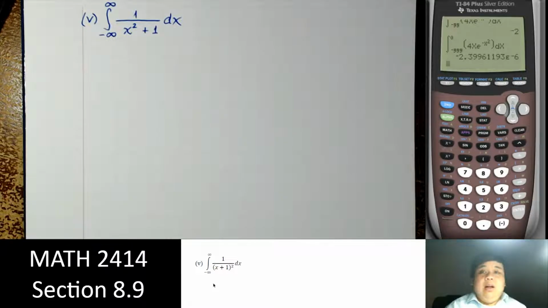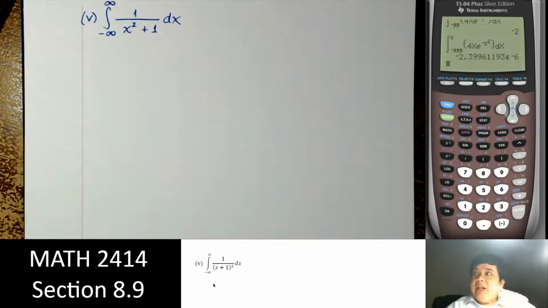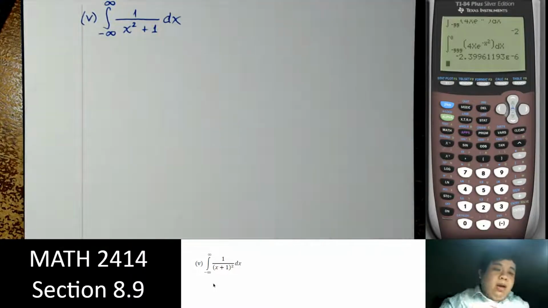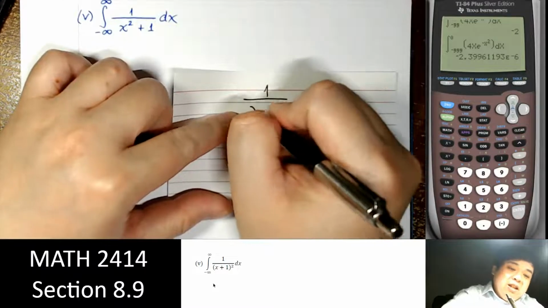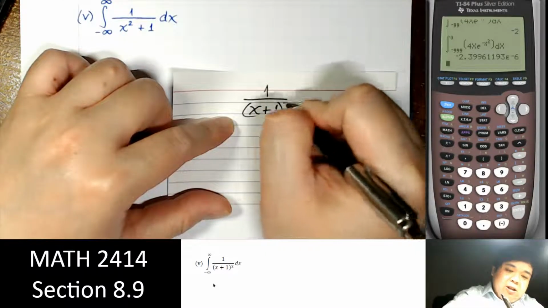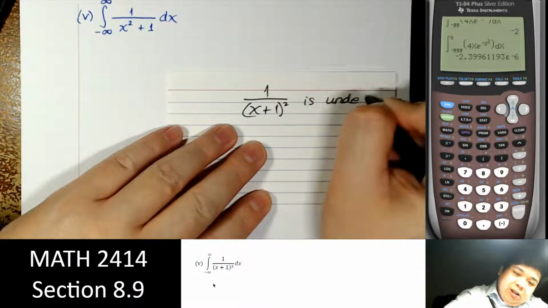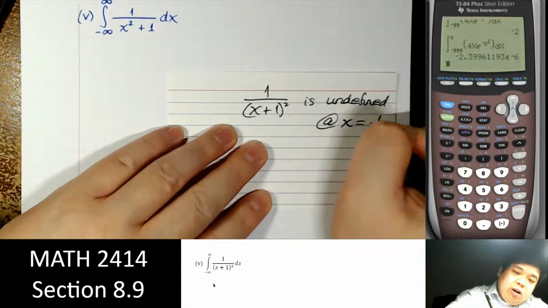Now let me ask you this. Why do we have to change the prompt to this instead of x plus 1 over there? The reason is that if we just had this, it is undefined at x equal to negative 1.